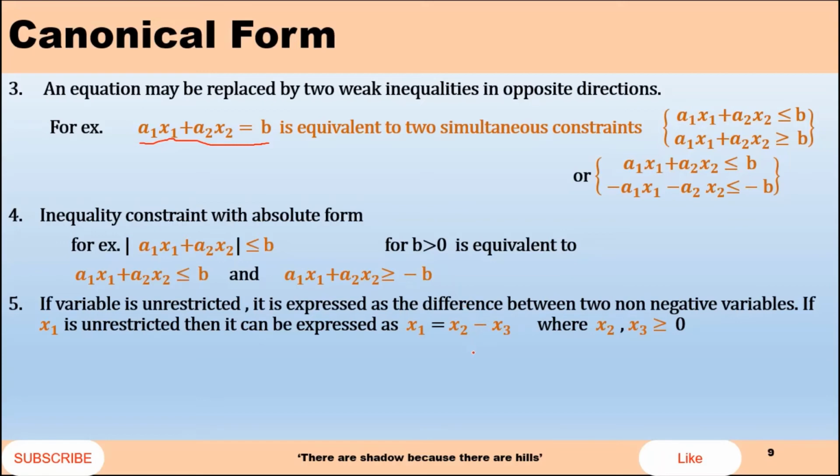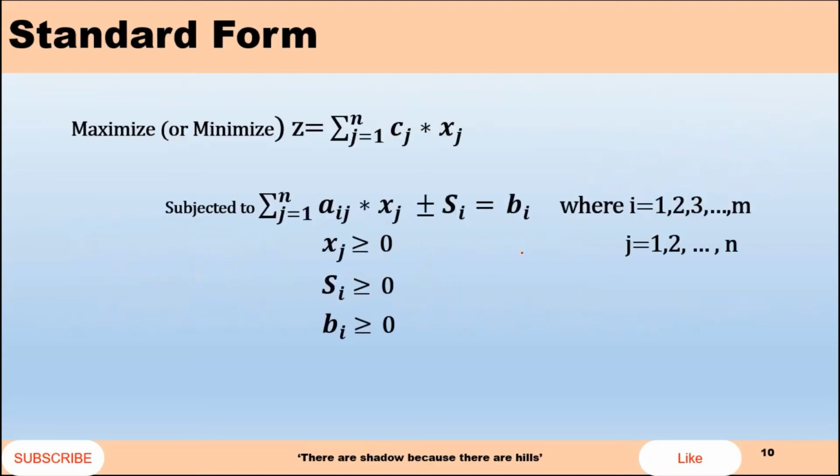We will see how to do that. This way you can convert any linear programming problem into canonical form. Canonical form is generally used in duality theory. We will see what duality theory is, what primal and dual are.